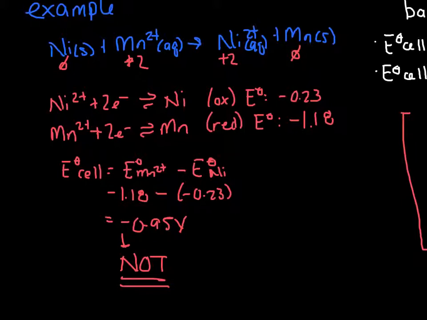Now bringing back the delta G calculation. If we have delta G equals negative nFE, we can actually prove that delta G is not spontaneous. The number of moles of electrons transferred is 2.